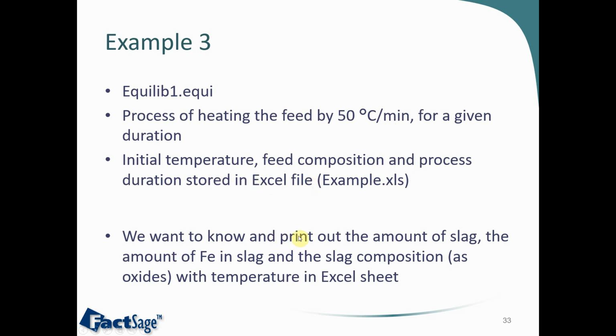And we want to print out in Excel as well the amount of slag, the amount of iron in slag, and the slag composition as oxides with temperature in the Excel sheets. So the idea is to enter all these process conditions inside Excel so that the code in the macro file does not need to be changed every time we want to change the conditions.